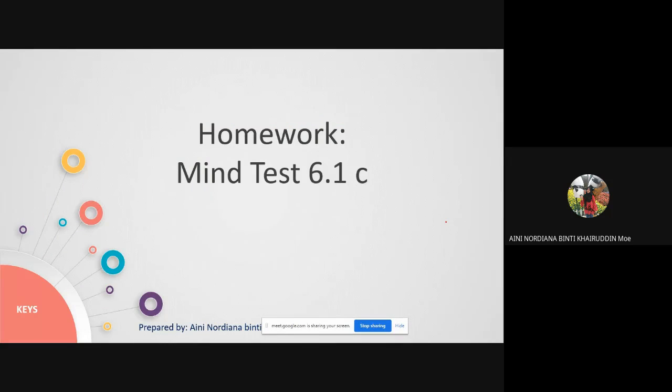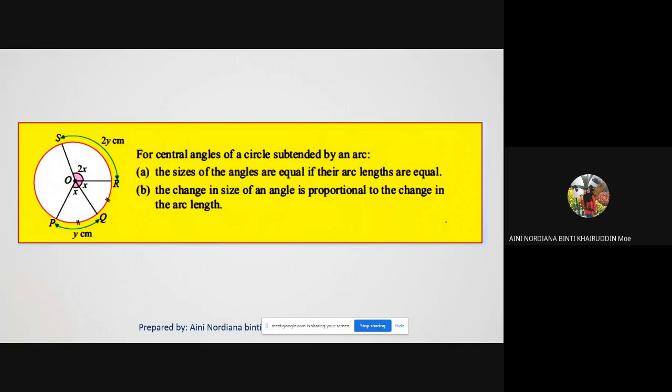Okay, this is your homework. Mind test 6.1c. Okay. For central angle of a circle subtended by an arc. Okay, this is easy as yesterday.